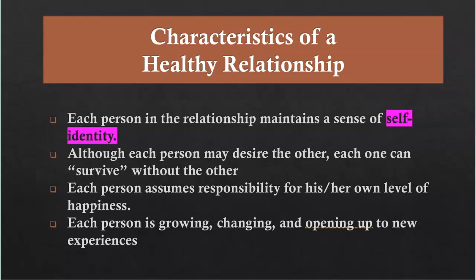Very good text. So these are not my suggestions. These suggestions come from the experts. So as we're going through these characteristics, you might just think about, how do I do in my friendships and in my other relationships with regard to these characteristics?